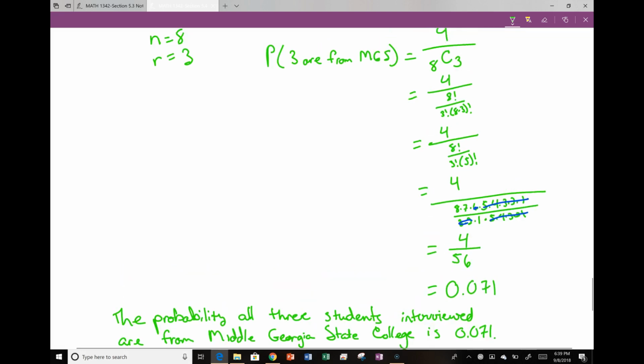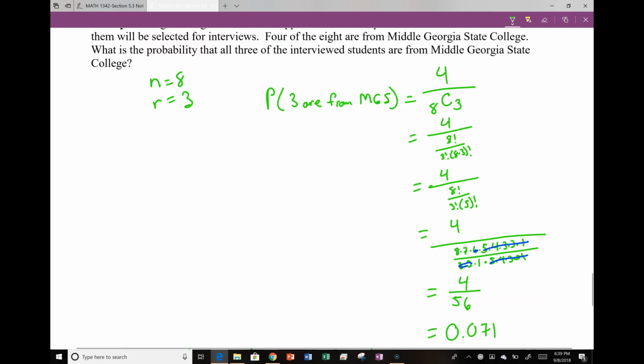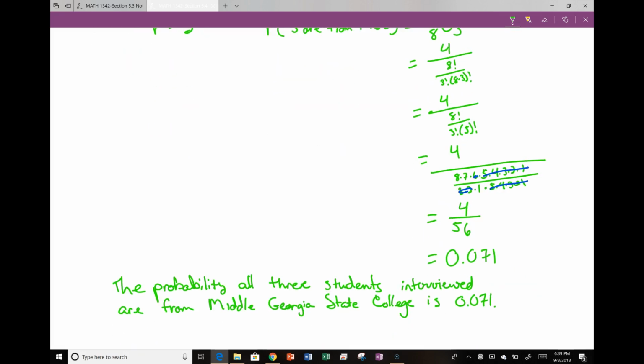Now you'll notice I put 4 on the numerator this time, and that's because there were 4 that were from Middle Georgia State. Remember, I want to look at the number of possible times it can occur just naturally, and that's 4, but then I have to divide it by the total different ways that we can look at it. And that's why I had to do the combination and simplify down into the 56 on my denominator.